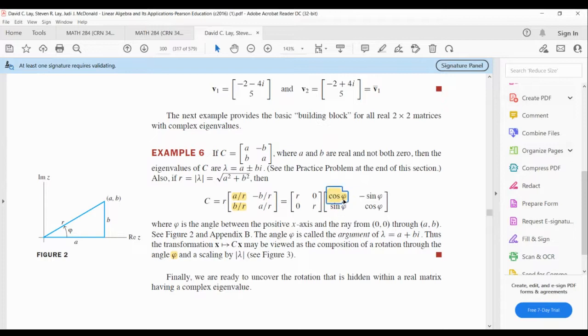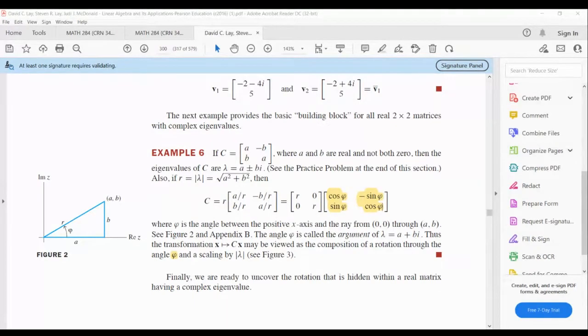Remember, we're going right to left. The first transformation matrix can be thought of as a rotation through an angle phi. It would be a counterclockwise rotation.